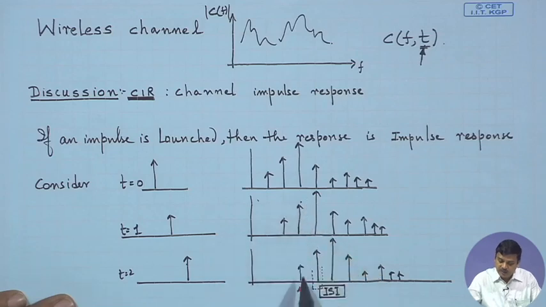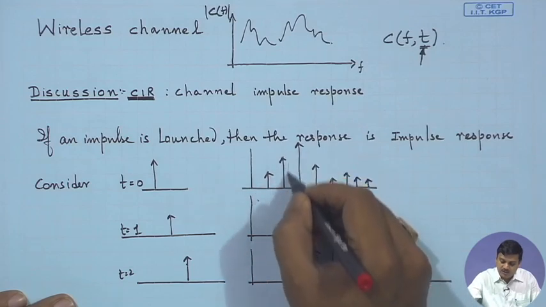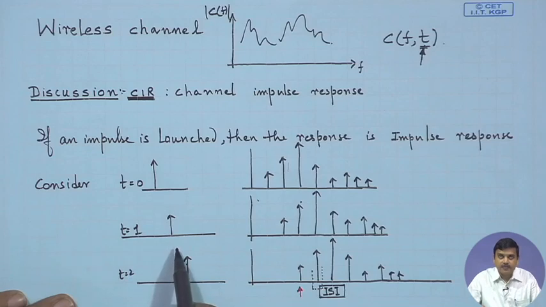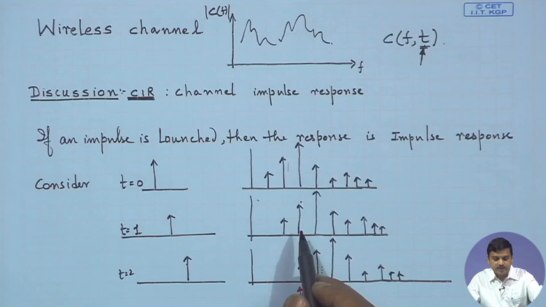So if the receiver is deciding what has been transmitted based on this observation, it finds that along with this signal, also present is the information which has been transmitted at earlier instants of time. In other words, there is an echo of the earlier transmitted signals.